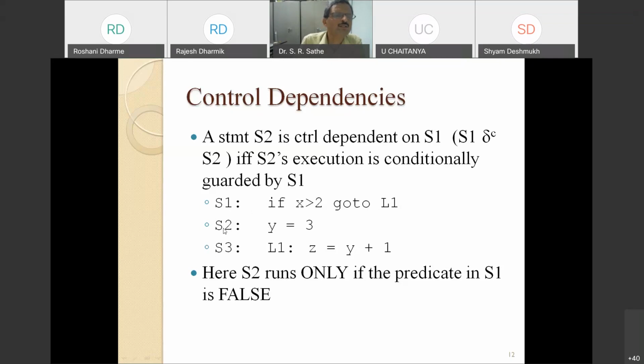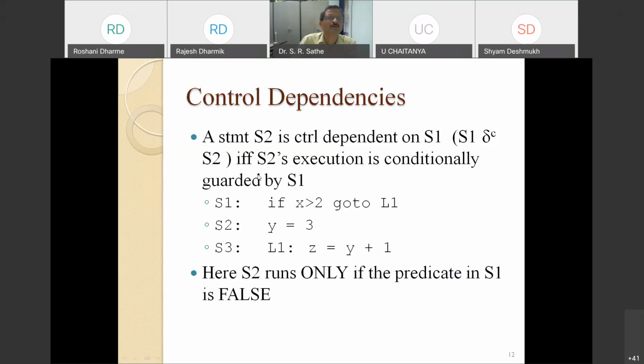So S2 is dependent on S1. Why? S2 runs only if the predicate in S1 is false, because if X greater than 2 is true, then it jumps to L1 and S2 is not executed. So S2 is control dependent on S1 because of this if condition. This is the only slide for control dependency.